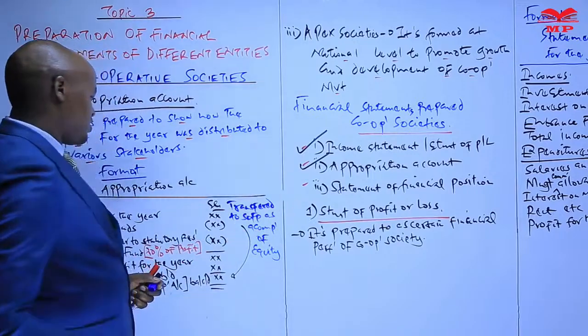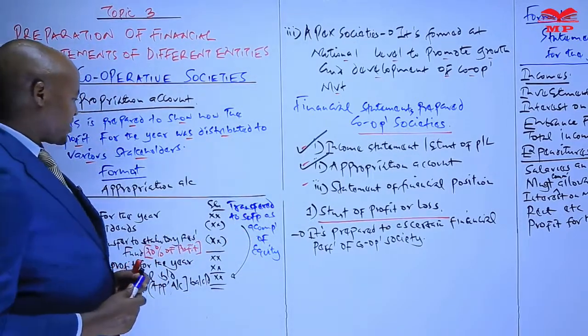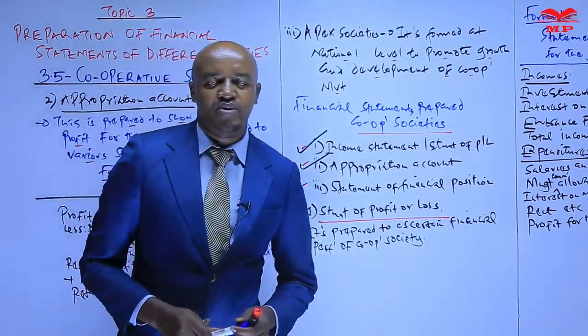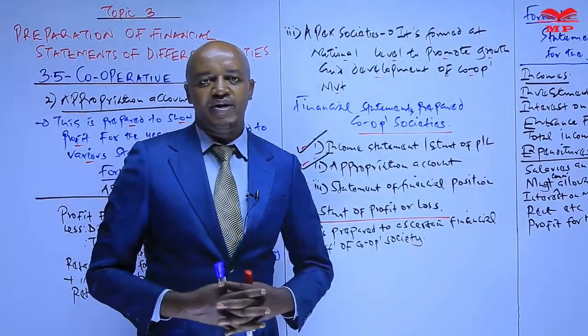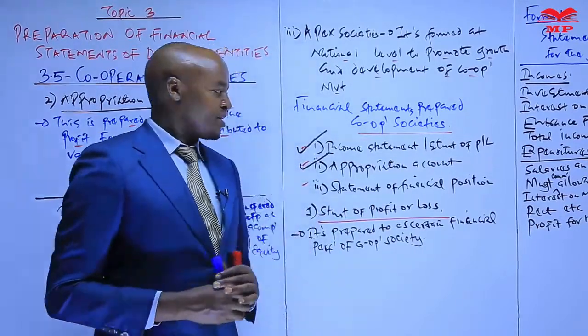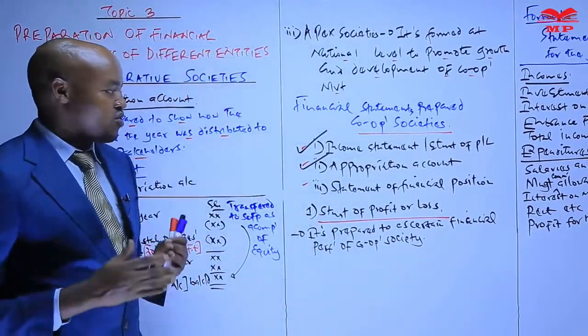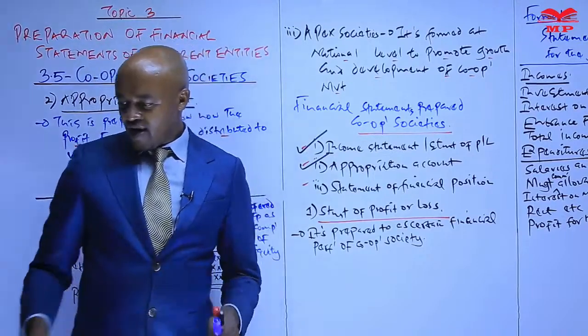As a component of what? Equity. So basically that's how the appropriation account is prepared. You can see it is prepared to show how the profit for the year, the profit reported during the year, was distributed to the various stakeholders.